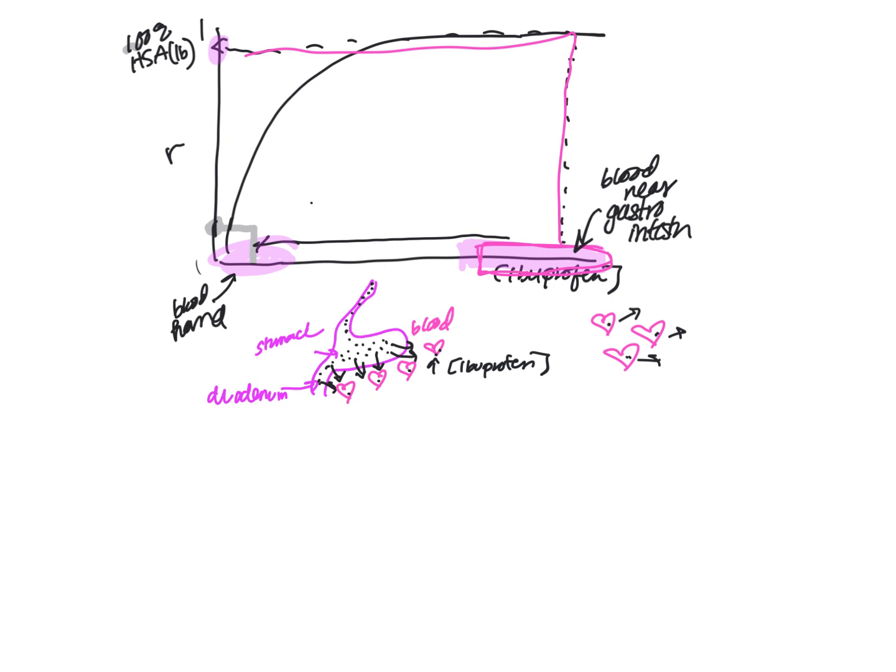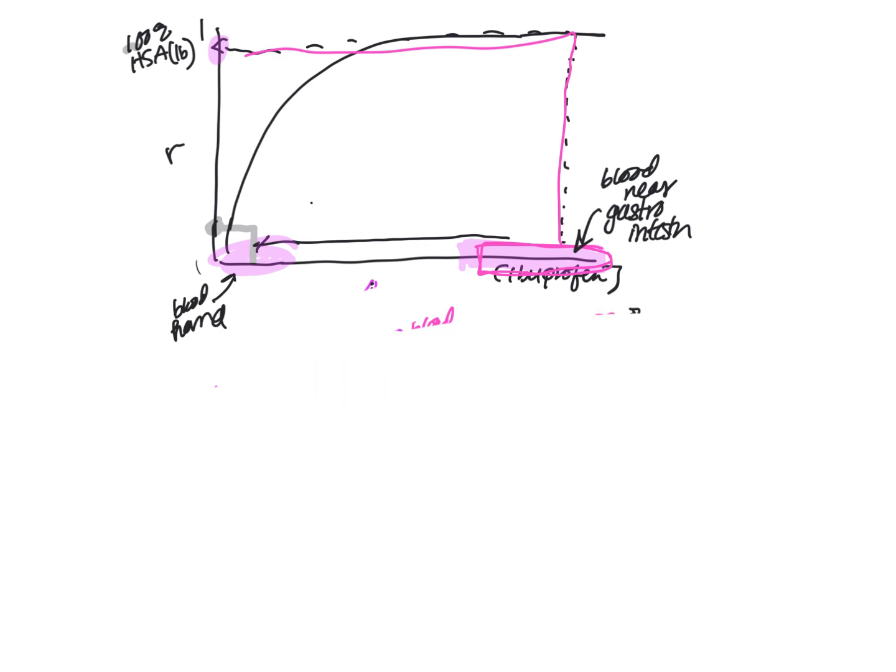If I were to diagram this in another way, I will on purpose erase this. Underneath this curve, over here at high concentrations of ibuprofen, my HSA is bound to ibuprofen. The two are together.